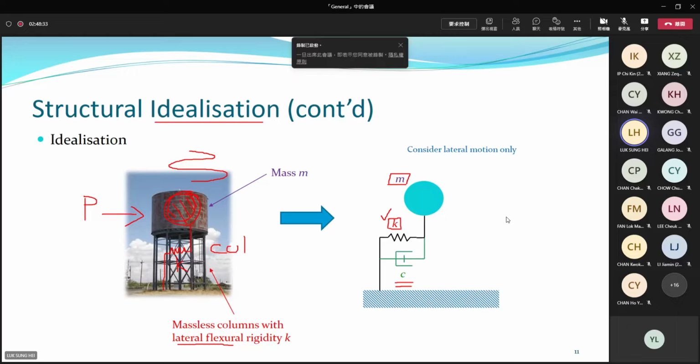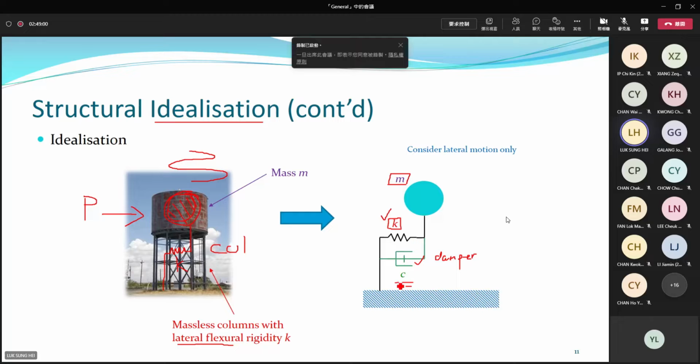In all the textbooks, in all the structural dynamics theory, we normally use a so-called damper. We use a damper to model this energy dissipation property. Okay, this is a highly simplified modeling technique, but at least it works.